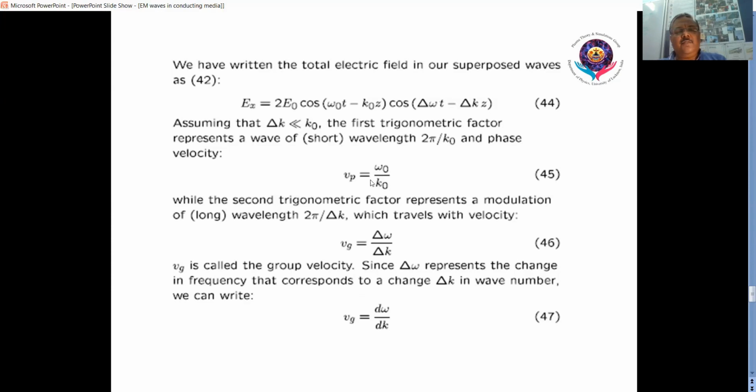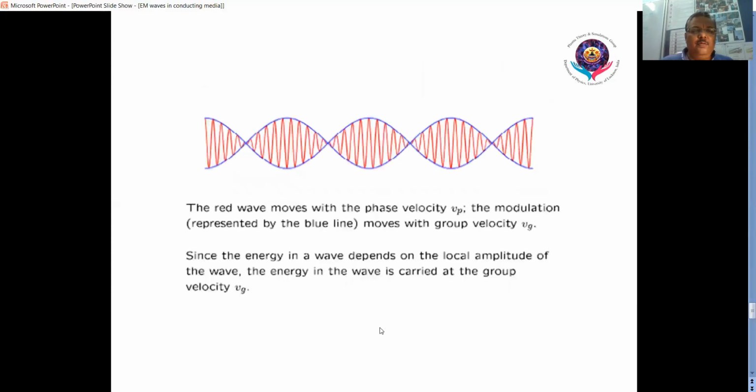And the phase velocity, as we saw earlier, and the group velocity can be written as delta omega upon delta k, or d omega by dk, as we have studied earlier while discussing waves and oscillations. So here you can see that the red wave moves with the phase velocity Vp, and blue is the modulation wave that travels with the group velocity Vg.